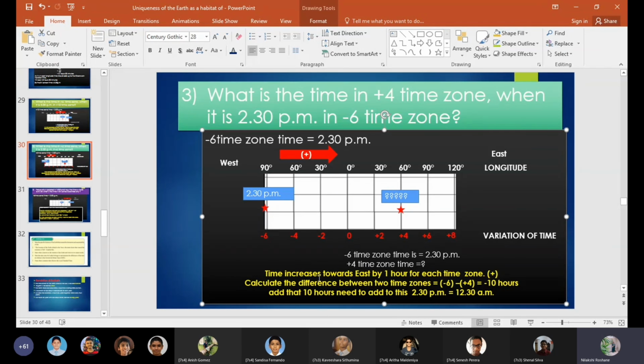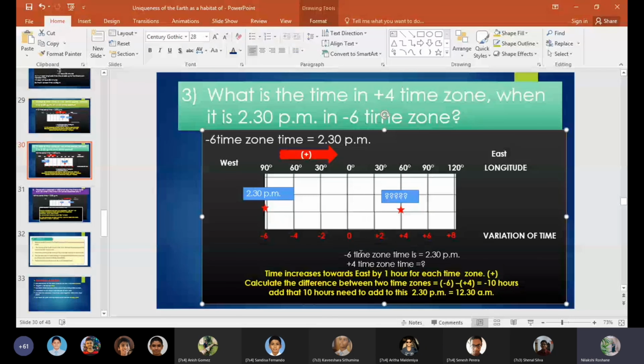So the minus 6 time zone is equal to 2:30 p.m. First you have to find the Greenwich Mean Time. To find it, you have to add 6 hours to 2:30 p.m. So what is the Greenwich Mean Time? It is 8:30 p.m.